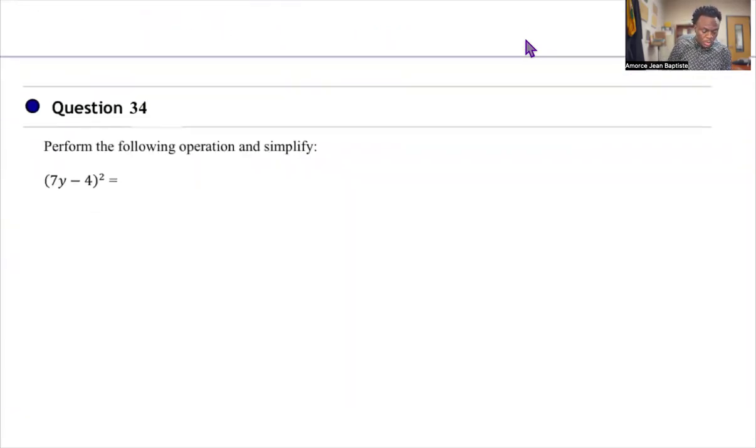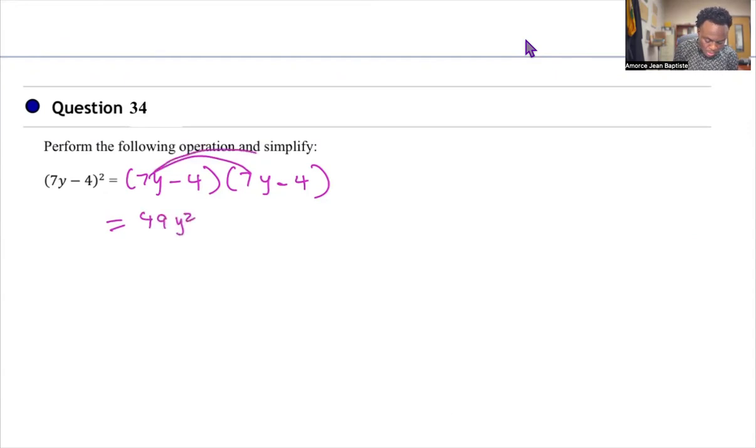Next, for this one, we can FOIL. So we're going to rewrite it as 7y minus 4 times 7y minus 4, and then we FOIL. So that's 7y times 7y, that's 49y squared. 7y times negative 4, that's negative 28y.